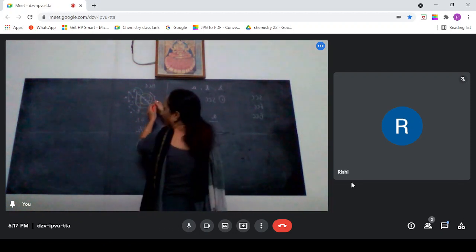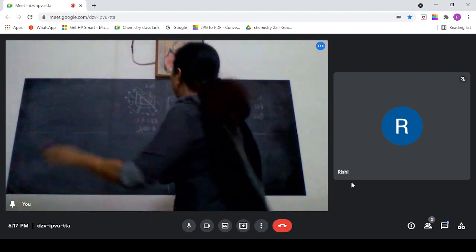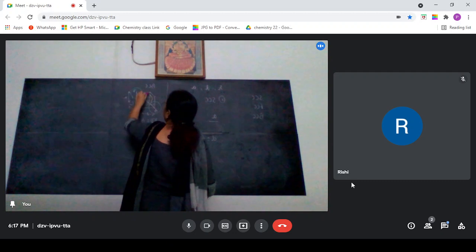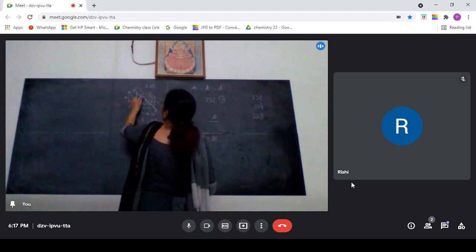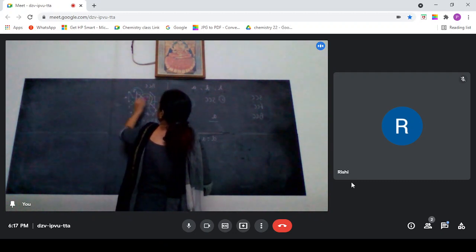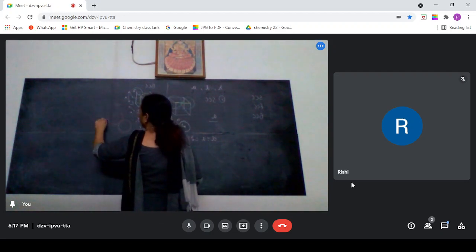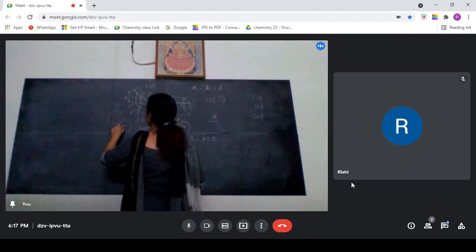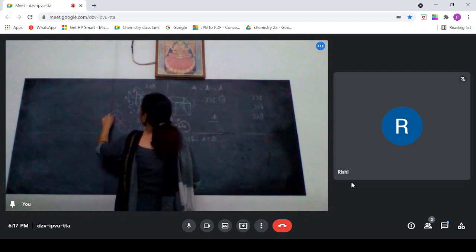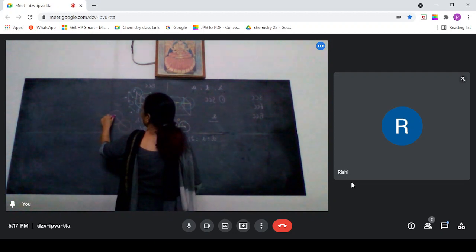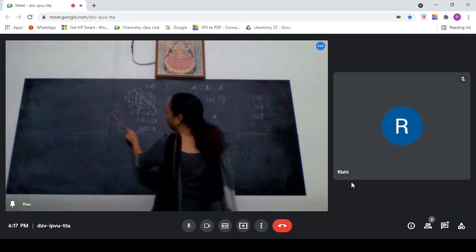Here, if you write two spheres, one sphere like this, another sphere like this, and you take the distance between those two, from A to D, like this it will be.